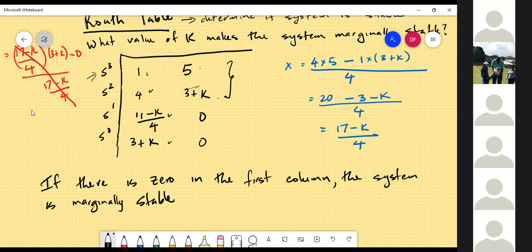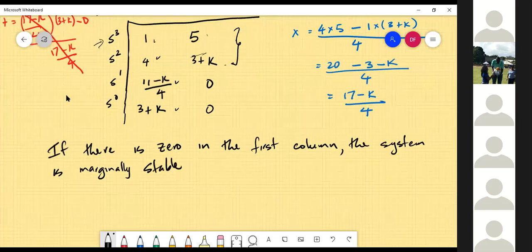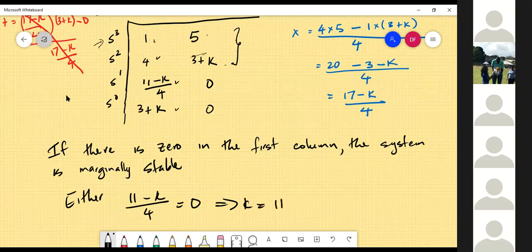So either (11 minus k) over 4 equals 0, which implies that k equals 11, which is the valid value to use, or 3 plus k equals 0, so k equals -3, which is not the valid value to use. So we're going to use this value.